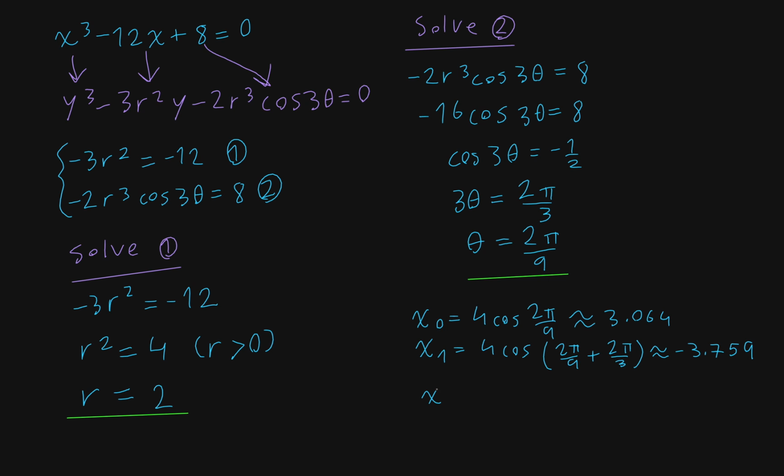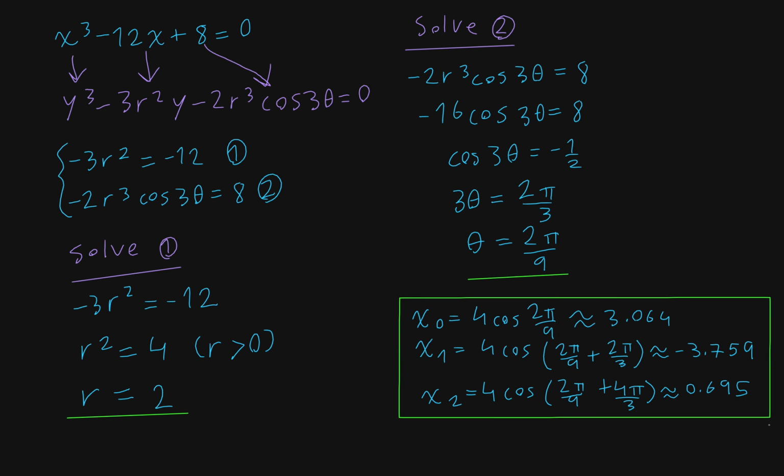And then we have our x2, which is going to be 4 cosine of 2 pi over 9 plus 4 pi over 3. And again, it's going to be approximately 0.695. So those are our solutions, and you can check it yourself numerically or through graphing software like Desmos. These are the solutions exactly.